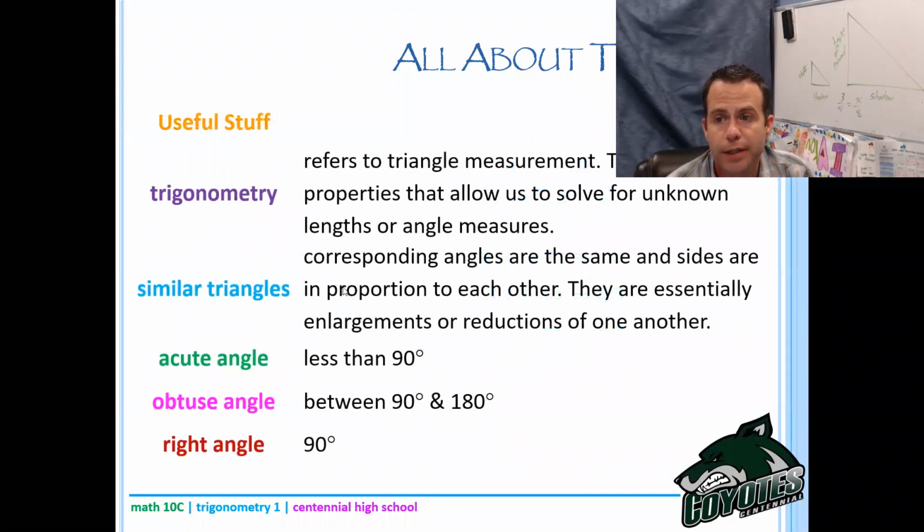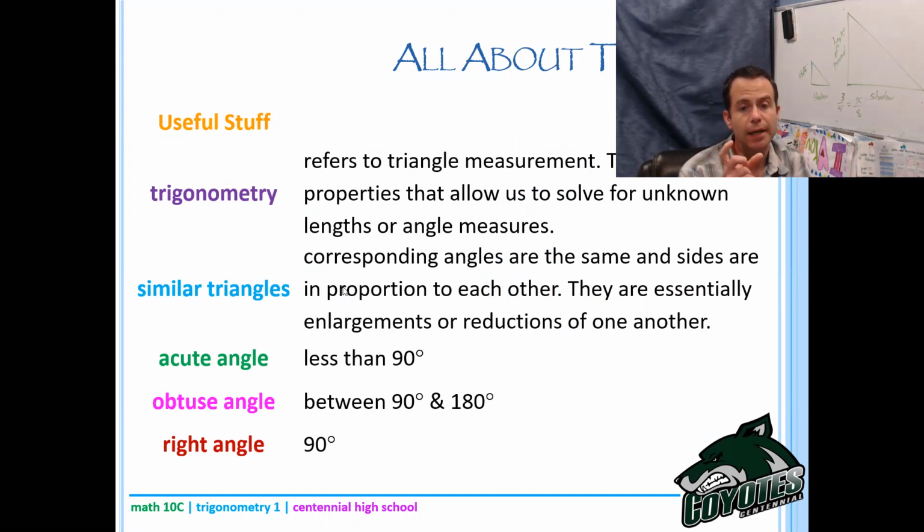Okay, so just some quick definitions that I would expect you are familiar with at this stage of your life. The word trigonometry refers to just triangle measurement. Okay, triangles share properties that allow us to solve for unknown lengths or angle measures. Similar triangles have corresponding angles that are the same, and sides are in proportion to each other, corresponding sides. They're essentially enlargements or reductions of one another.